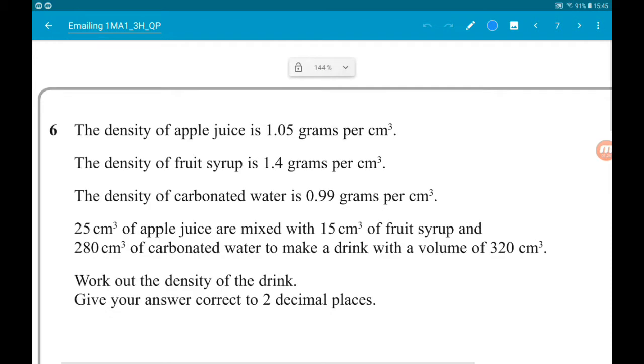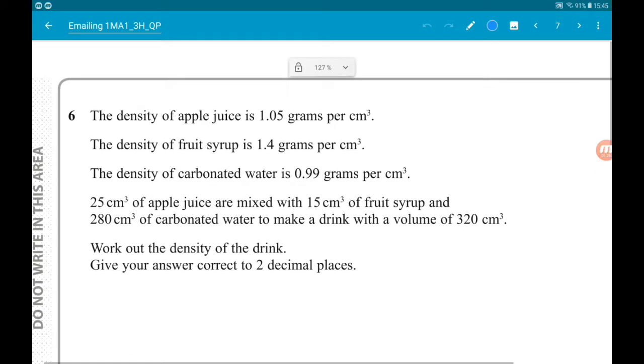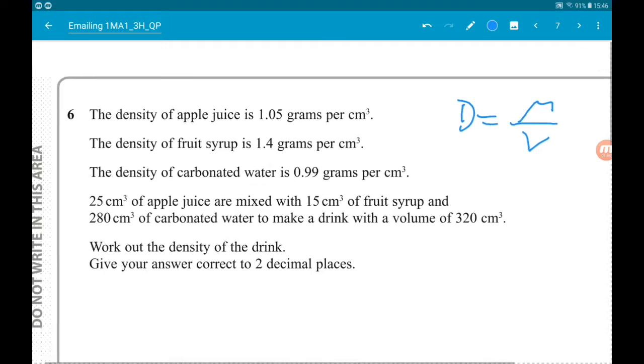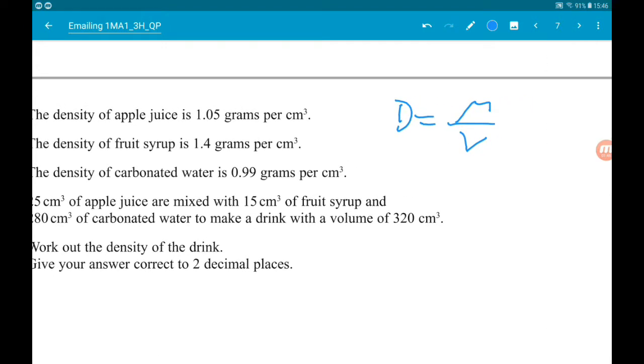So density is mass divided by volume. So what we need to do is work out the mass of the drink because we know the volume. So mass is density times volume.